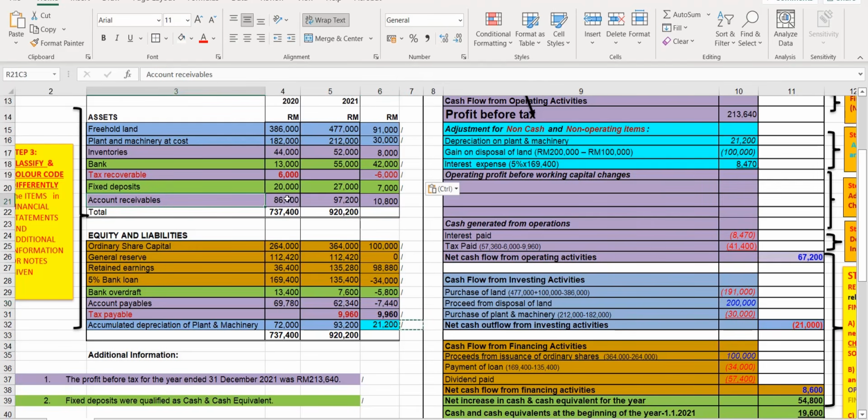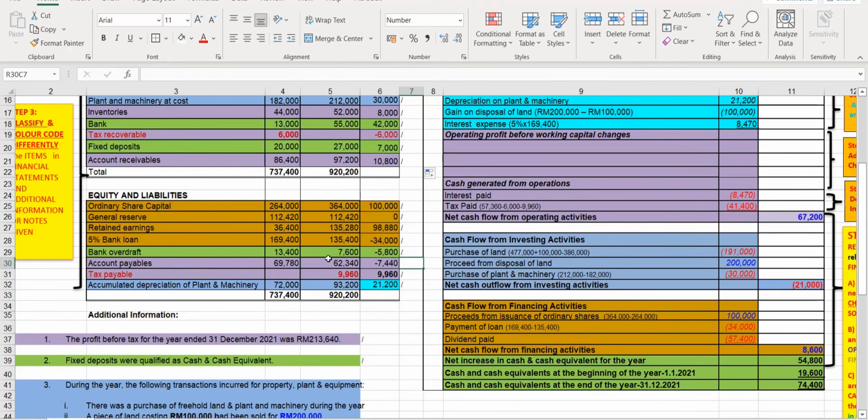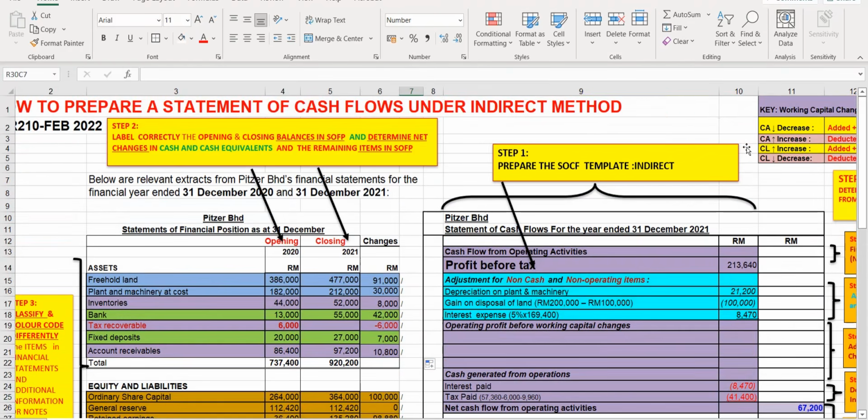Another item here, accounts receivable, also has increased, meaning that you have a net increase of 10,800. So all this must be analyzed, and now we are going to take note that these are operating assets and operating liabilities.